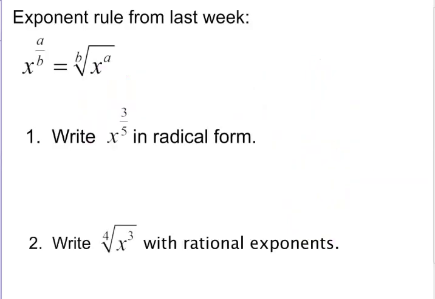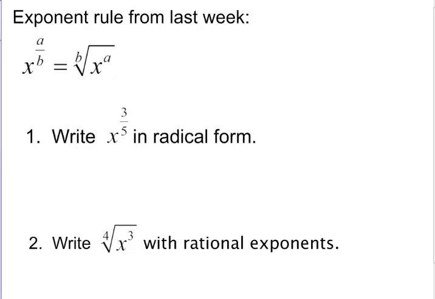So I want to do a little more work with converting your rational exponents into radicals. So I have the rule up here on top. X raised to the a over b power is the same as the bth root, so b root x to the a power.